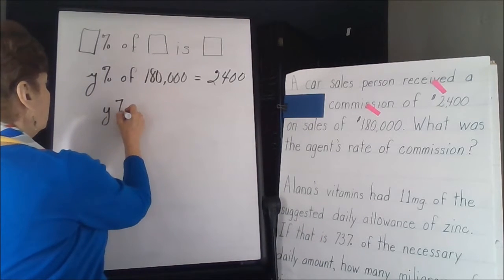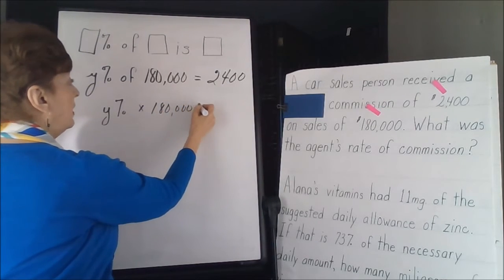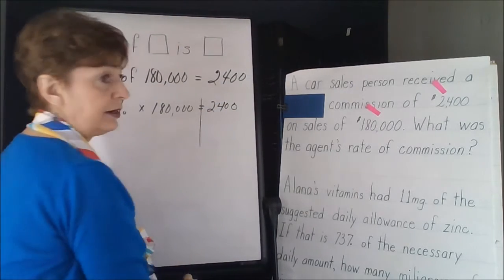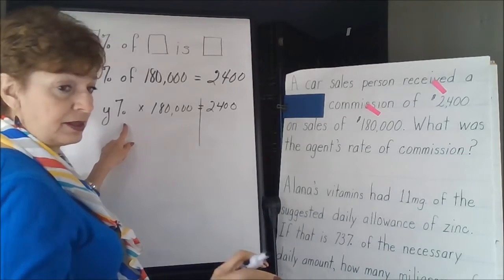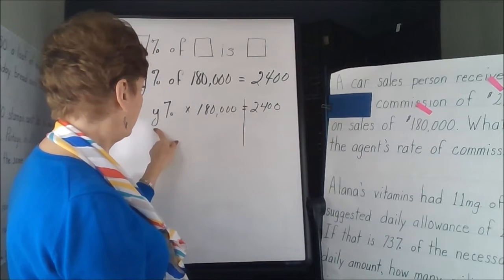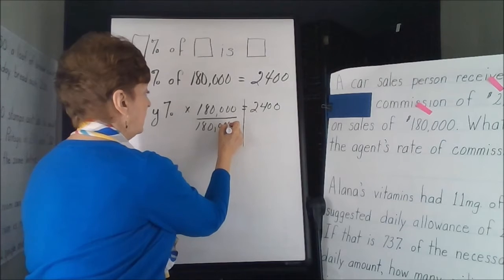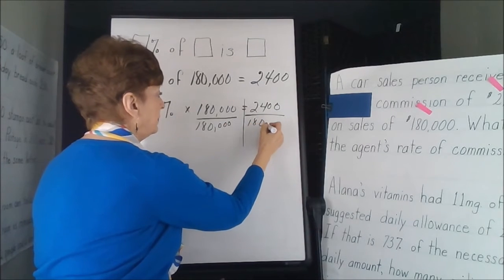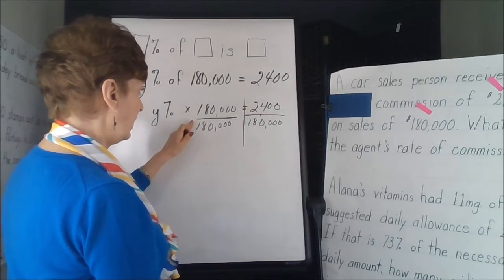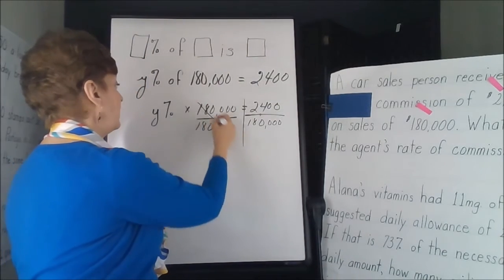Y percent times 180,000 equals 2,400. We have a wall here, and notice that the 180,000 is on the same side with the letter. So this is what we'll have to pull off through division. But of course, as soon as we get the 180,000 reflecting itself, it's 1.